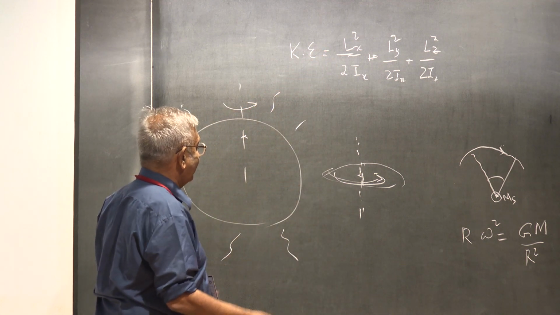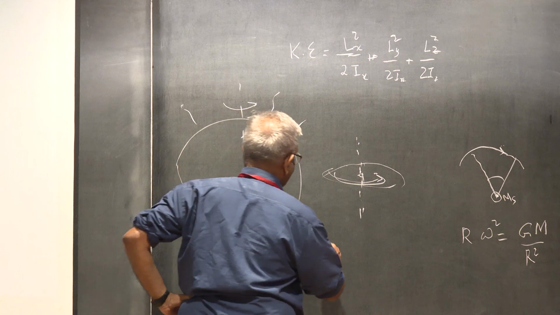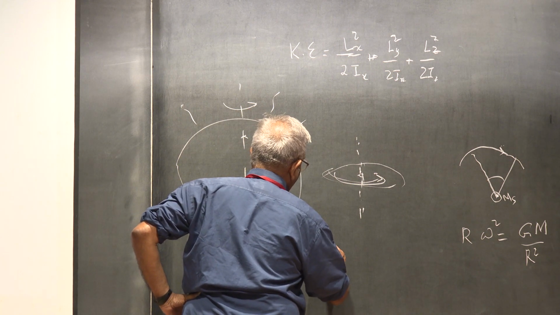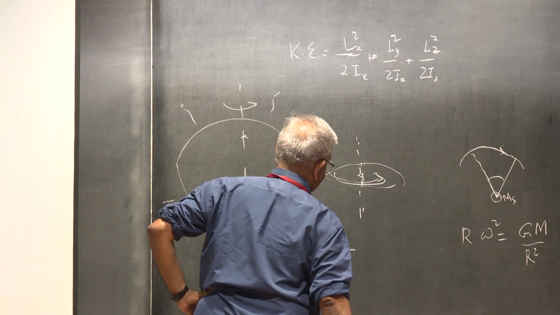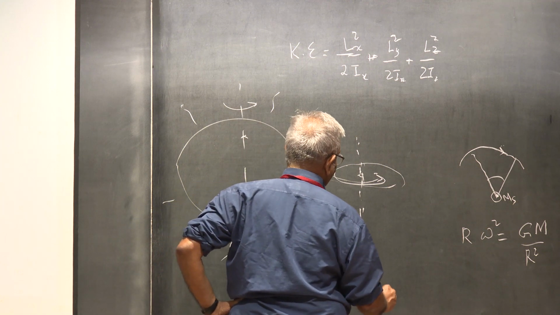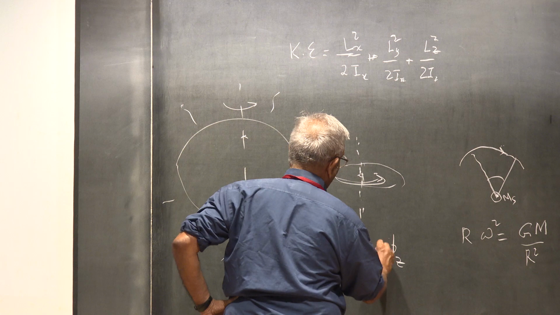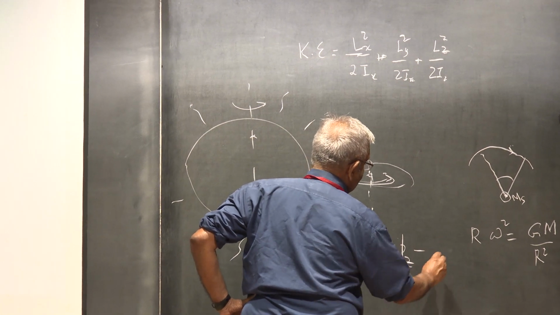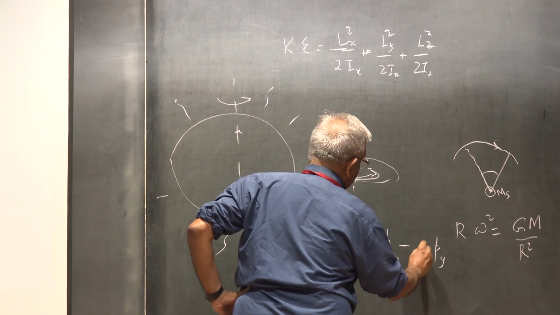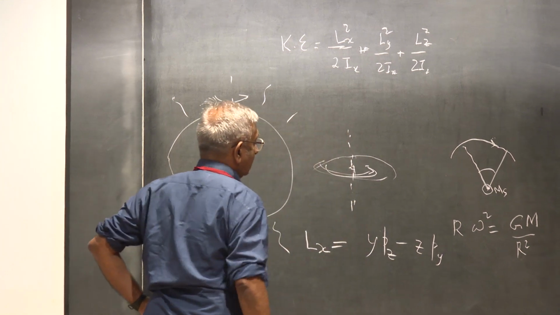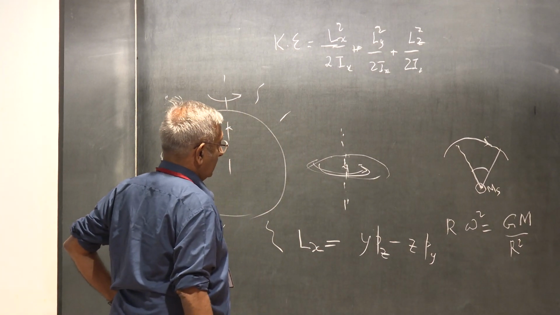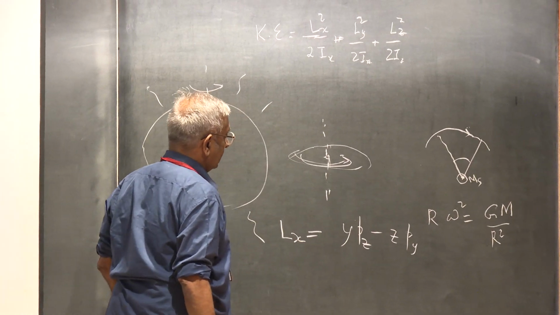Or let me explain it in another way. If you write down an expression for Lx, the angular momentum along x, so what would you have? You would have the momentum along z and the coordinate y, and you will have the momentum along y and the coordinate z. Okay. Right? That's what it would look like.